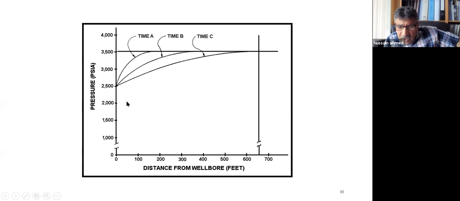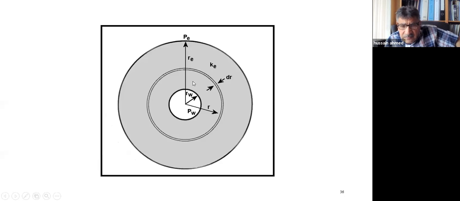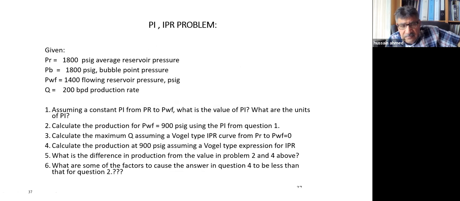And that's important. For example, I can say in case number C, I have less skin factor. The relationship between well flowing pressures and the external pressure, sometimes called PR pressure, and we have different radii for the drainage area and the total reservoir area.